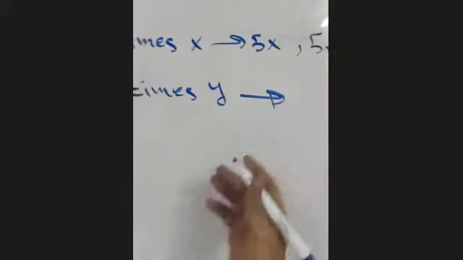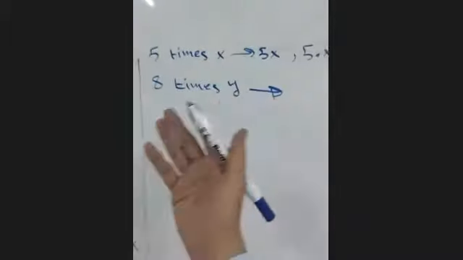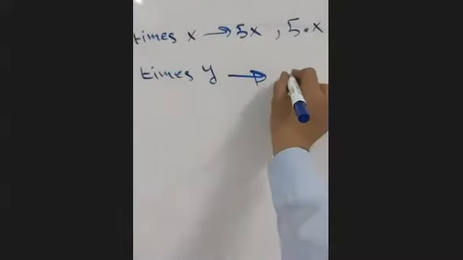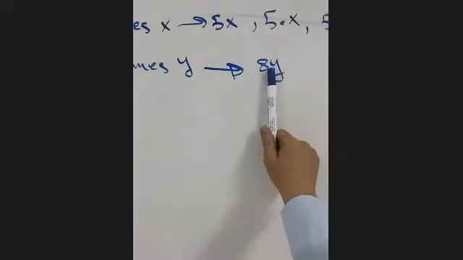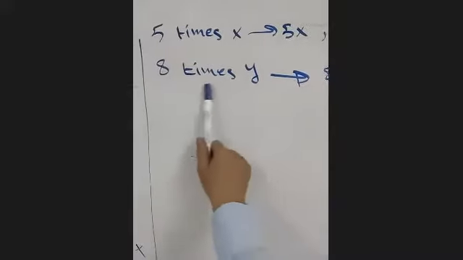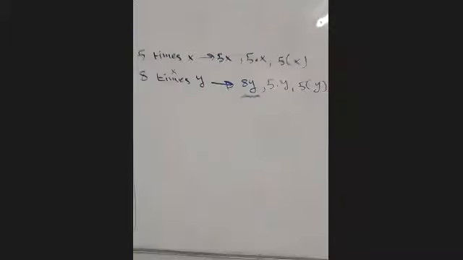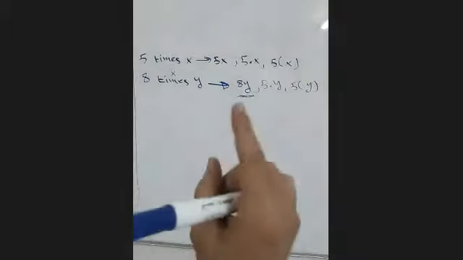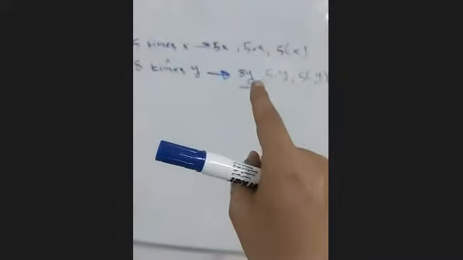How do we write it in math? 8 times y means 8 multiplied by y, we write it like this, 8y. Nothing between the number and the variable here. Nothing means multiply. We can write it 5.y or 5 bracket with y, but we will mostly use 5y. So again and again, 8y means 8 multiply y, but the multiplication sign, we don't write it between the number and the variable.